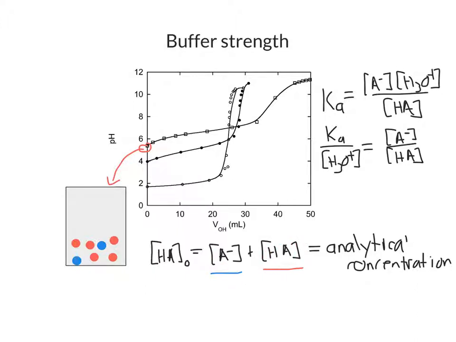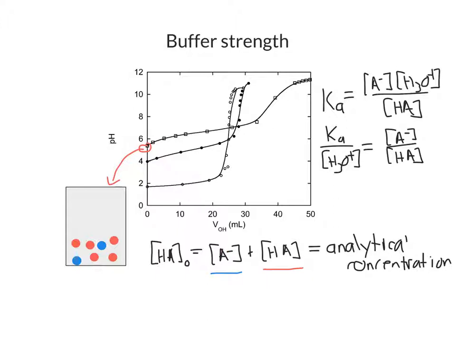In fact, the strength of the buffer towards acid addition is the concentration of A minus that I have in solution, because I can add strong acid until I use all of that up, and then the buffer no longer works.